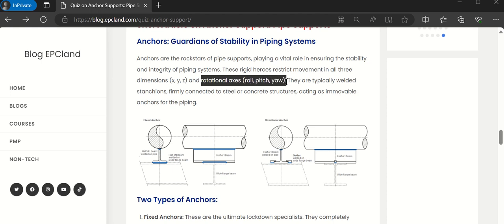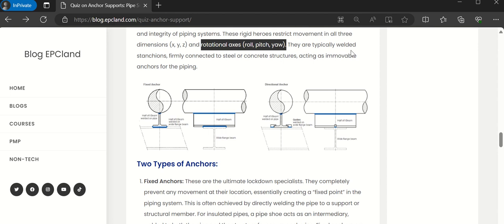So that is the beauty of this support. In all these directions we can restrict the movement. So when there is thermal expansion, contraction, or any other load case, we can think about this support which restricts the movement in many directions at the same time.